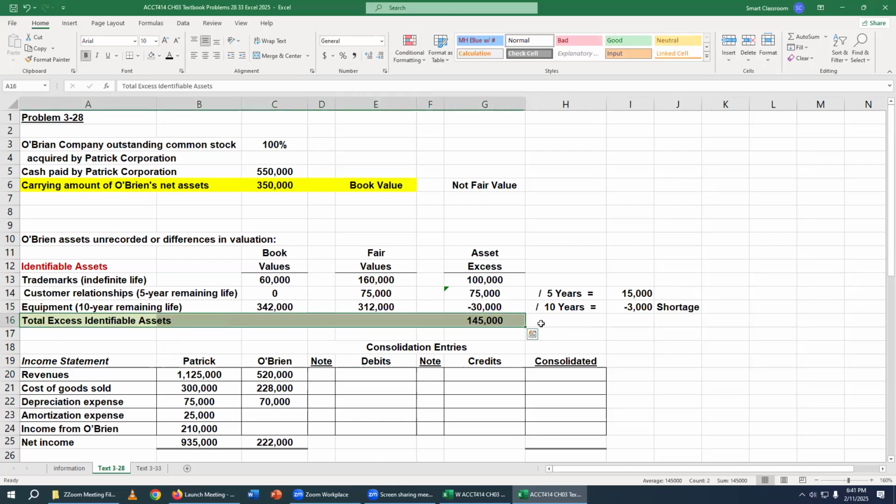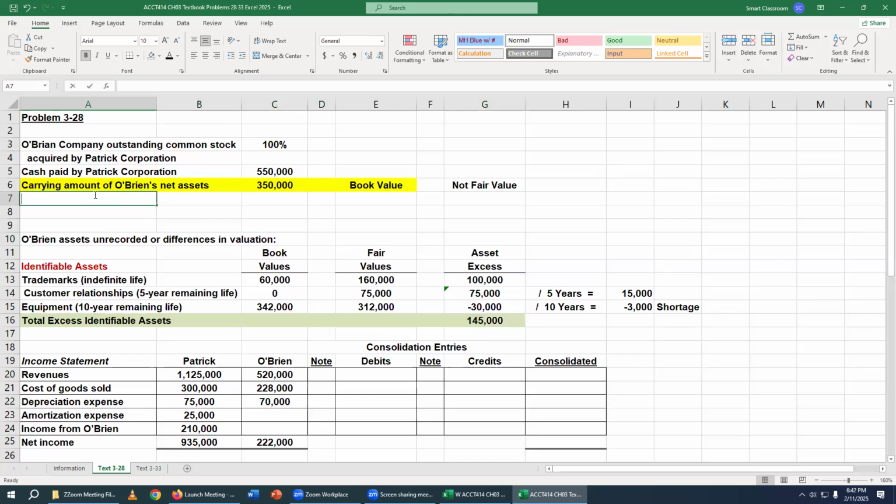All right, so what would be the total carrying amount of the net assets at fair value? Oh, you guys know this. You're toying with me.